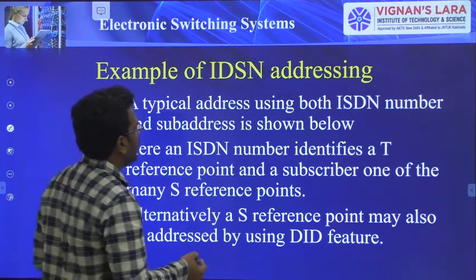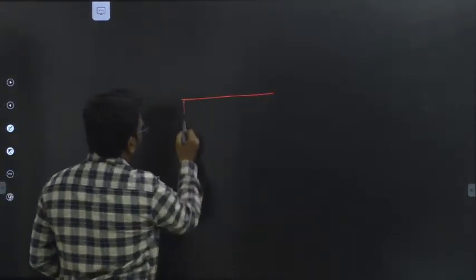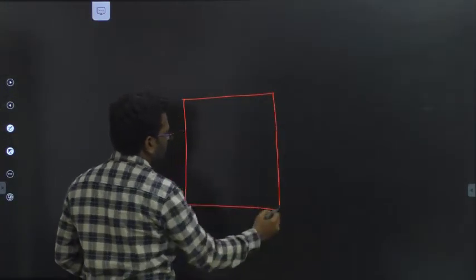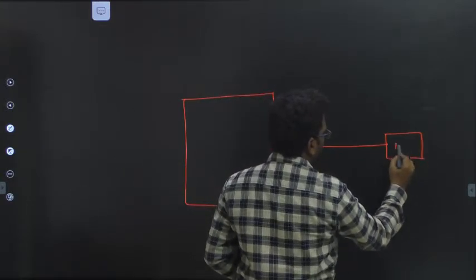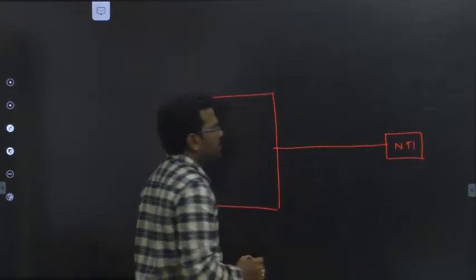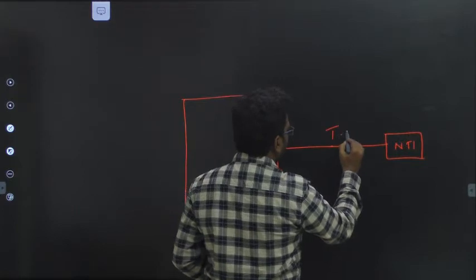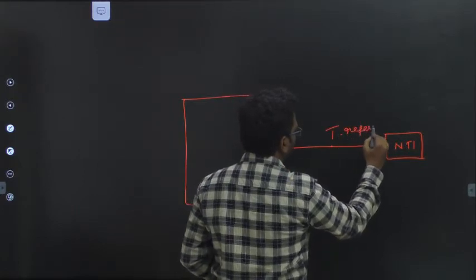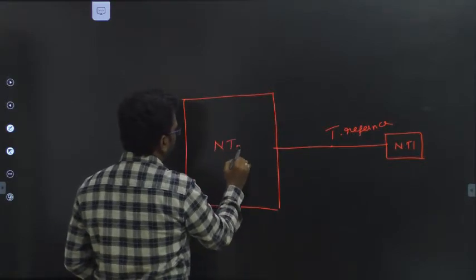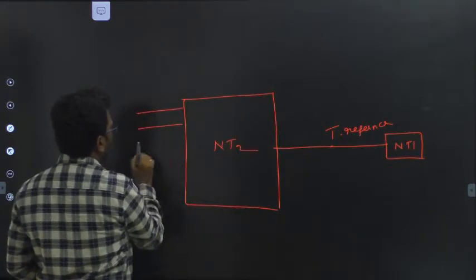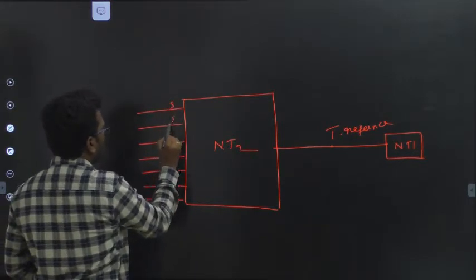Here we can see one example, some structure of your subaddress. Already we have seen that you can connect this to your T reference point, and this is NT2, and here you can have one or many S reference points.